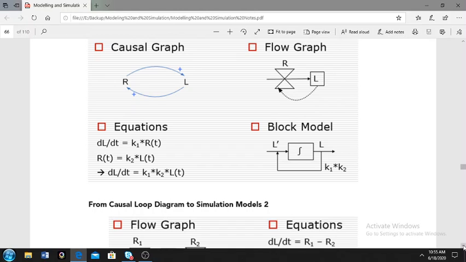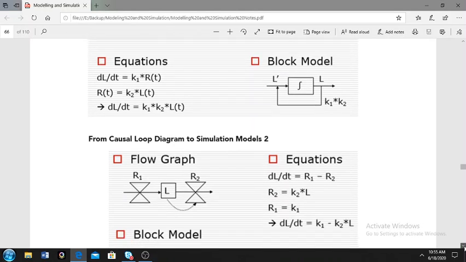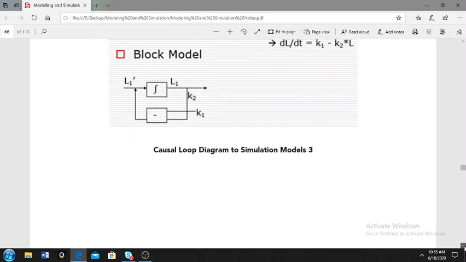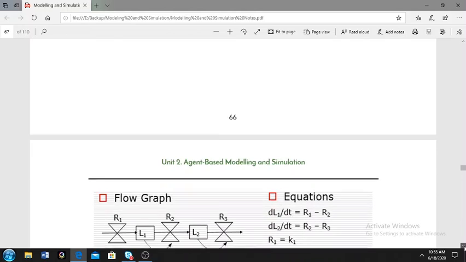These are different ways of representing: you can have a causal graph, a flow graph, a block graph, or equations. For us, we use these two, causal graph and flow chart. They're enough, so we don't need the blocks and equations, and we don't need to bother ourselves with all that.